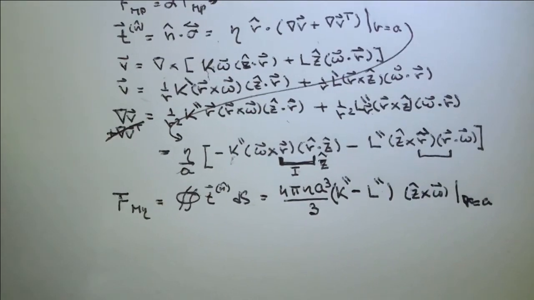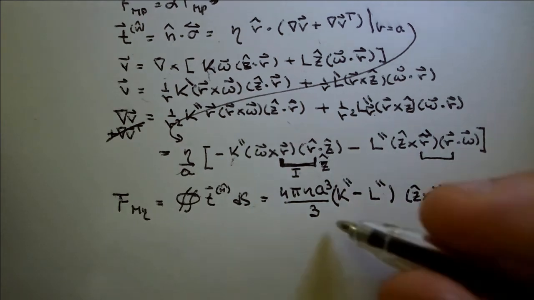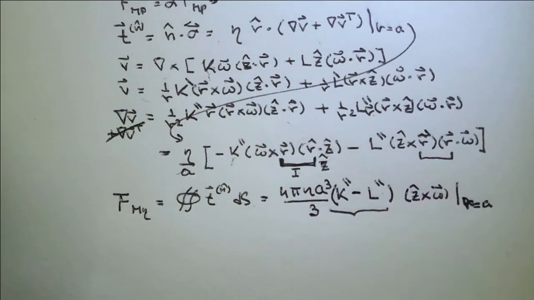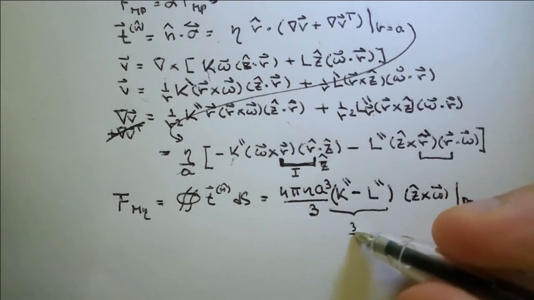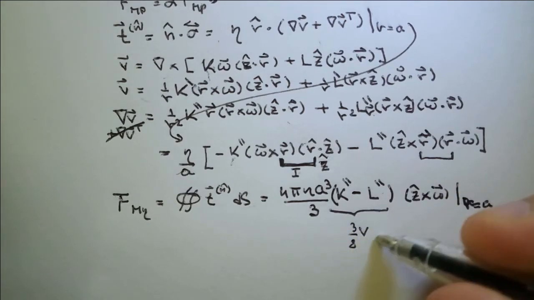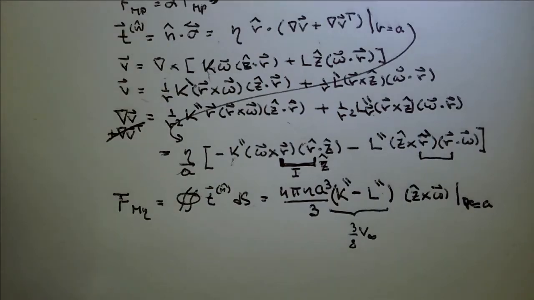I can also do it by hand, but I will leave this to the reader because this is not supposed to be a video about differentiating a rational function. So this is 3/8 times v infinity you will get from the differentiation at r is equal to a.